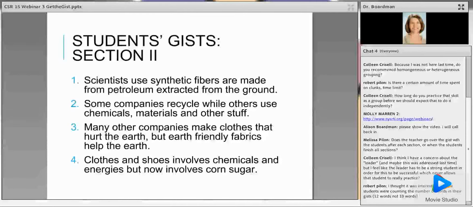But on the other hand, a strategy that this teacher used that actually can be helpful in the beginning is to have kids, I don't think we saw it in the video, but they had done it before, where when you're working out your gist in your head, you're kind of rehearsing with your fingers. So, let's say you were doing number 2, you'd actually be counting on your fingers before you wrote: Some companies recycle while others use chemicals, materials, and other stuff. Okay, I've got 11, pretty good.